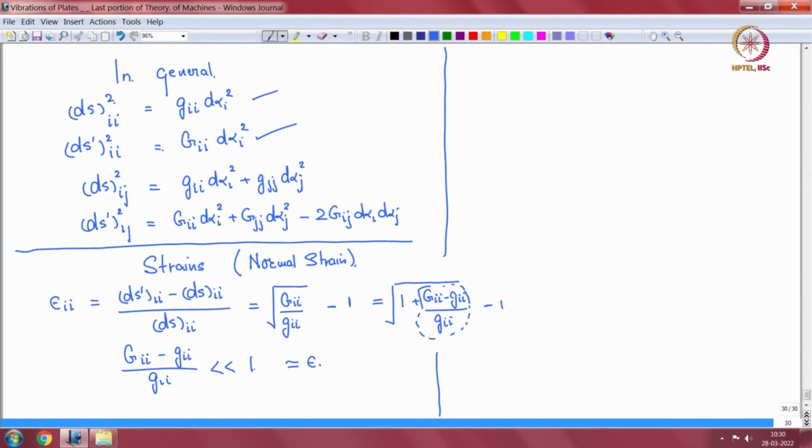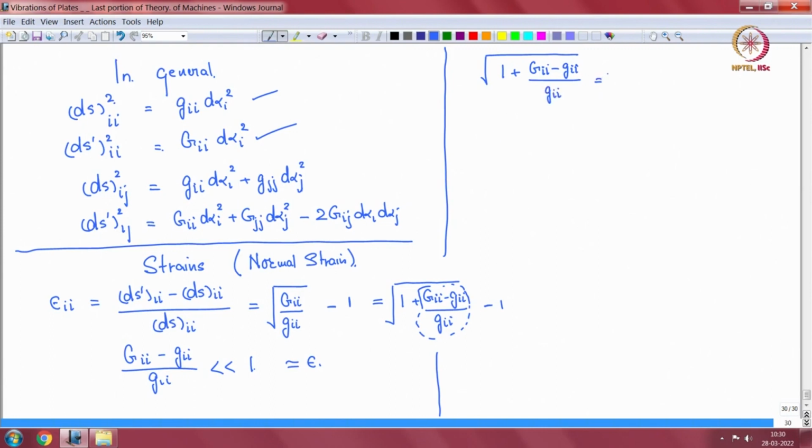So we have square root of 1 plus capital GII minus GII by GII.